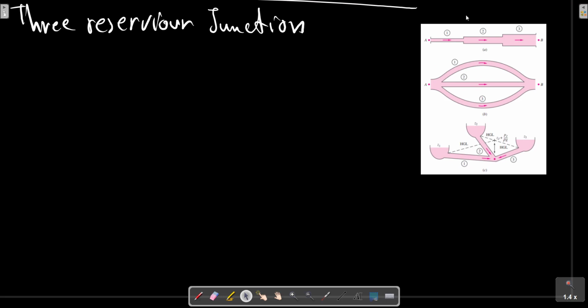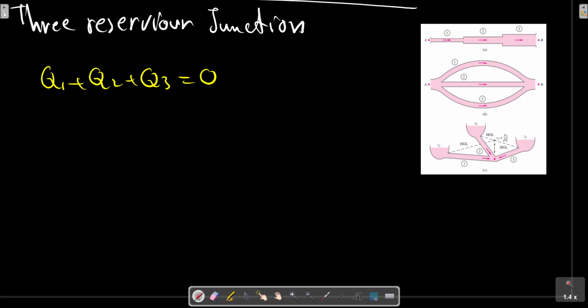If all flows are considered positive toward the junction, then we have Q1 plus Q2 plus Q3 equals 0, which obviously implies that one or two of the flows must be away from the junction. The pressure must change through each pipe so as to give the same static pressure Pj at the junction.